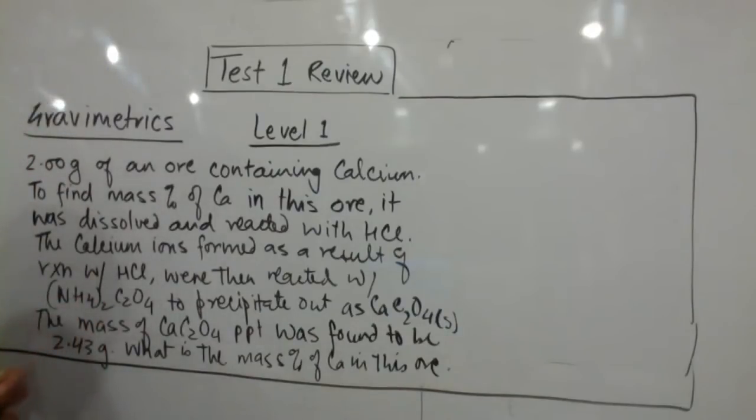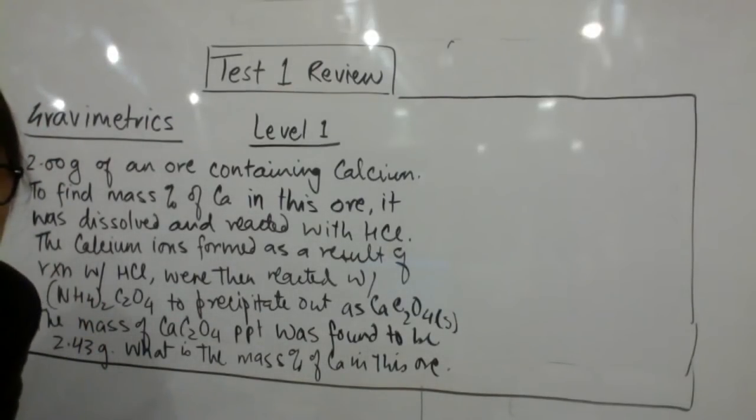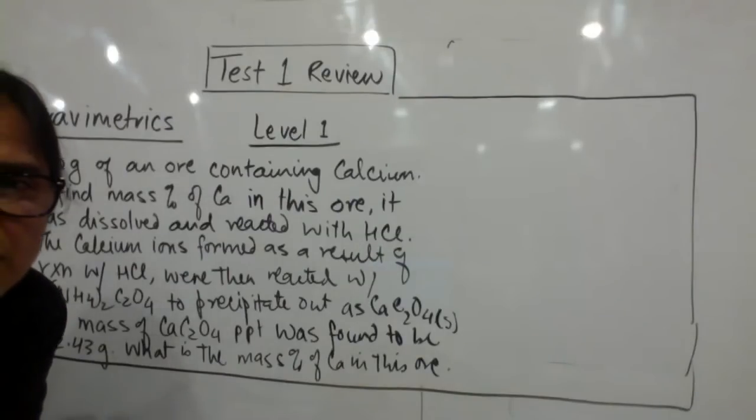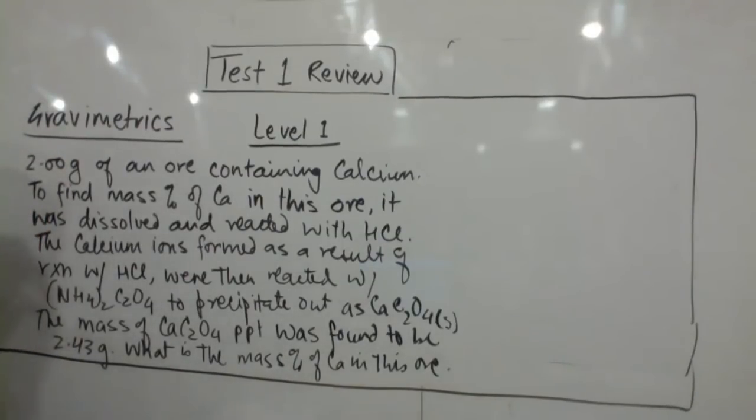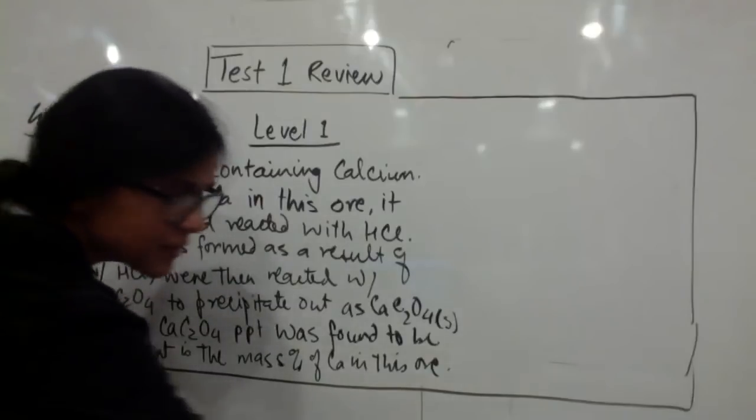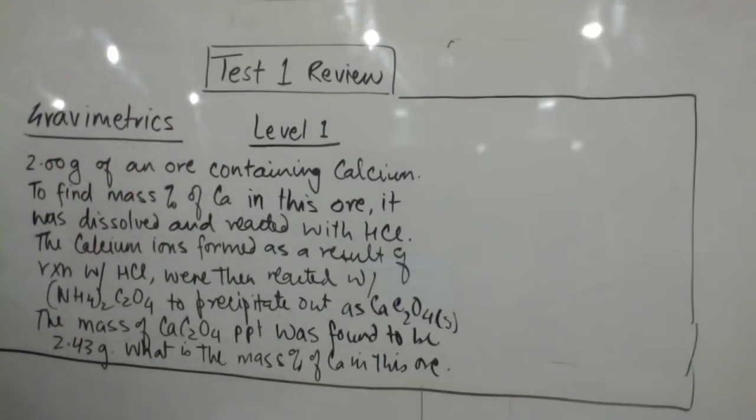Scary looking problem, lot of words, but if you think about it, it is rather simple. This one, Forrest, is a reliable problem for gravimetrics. So let's go over it. 2 grams of an ore, it has some calcium, and you don't know how much that is, but you're interested in finding that because you need to find the mass percent of calcium in this ore.